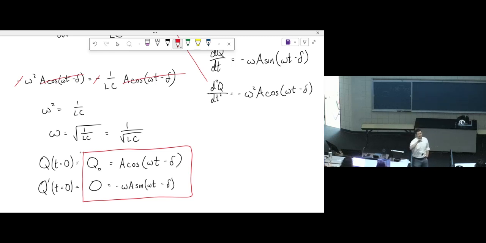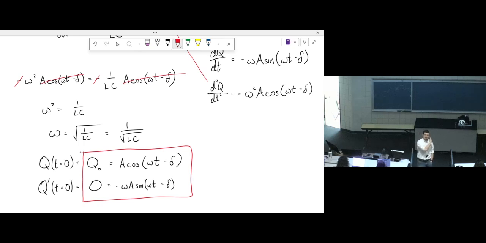It doesn't have to be. In this case, we determined that it was. One way that we could break this is if instead of hooking something up to the capacitor to start the capacitor with some initial charge with the switch broken, you could instead hook something up to the inductor so that you get some current flowing through the inductor, and then you switch to the isolated LC circuit.